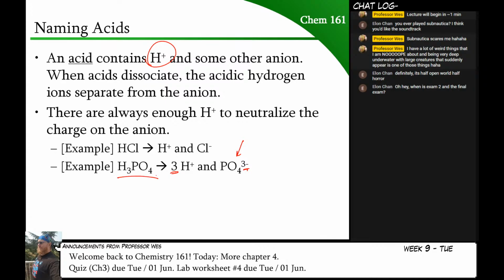So if you know the polyatomic ions, naming acids is really easy, and writing their formulas is really easy because all the information is just right there. You just balance the charges. But if you don't know the polyatomic ions, then you got to go look them up, and that eats up time, and that's a valuable resource. So just be mindful of that.